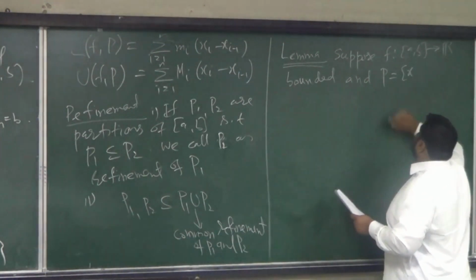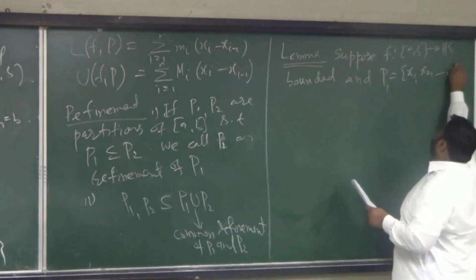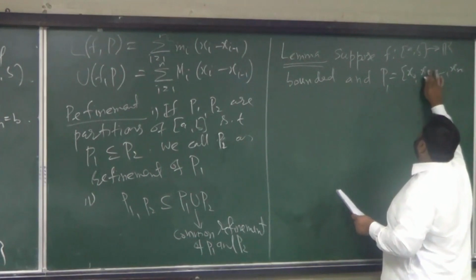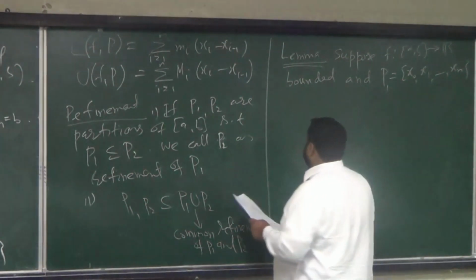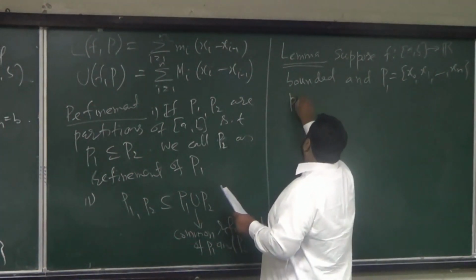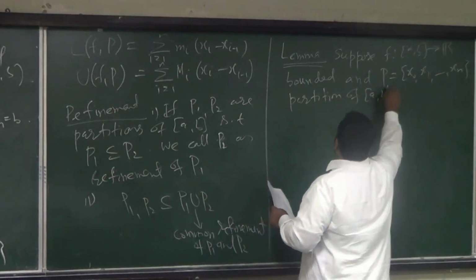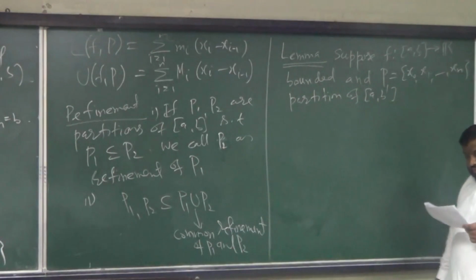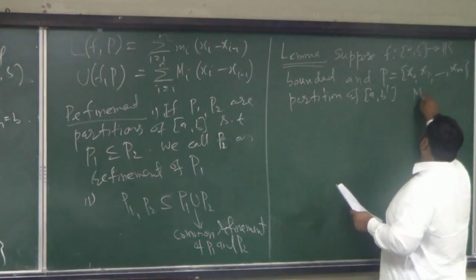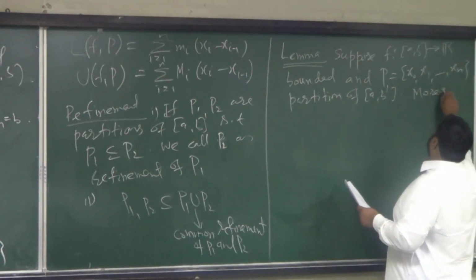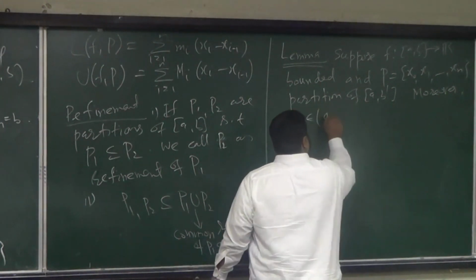P1 is a partition. Imagine I have a point s other than a and b.